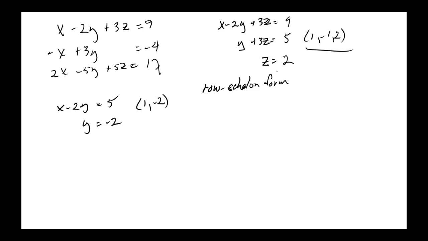Now, my supposition that I was saying before, if this system of equations gave you exactly the same solution, then we would say that these two systems were equivalent to each other.